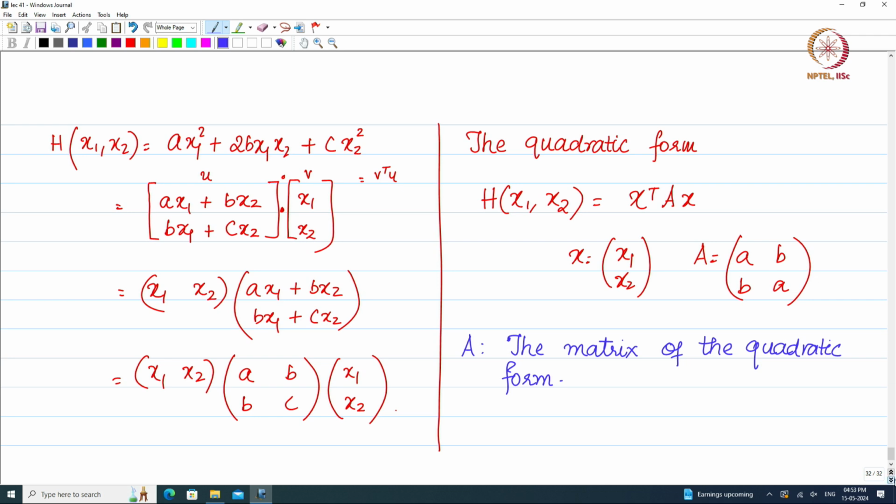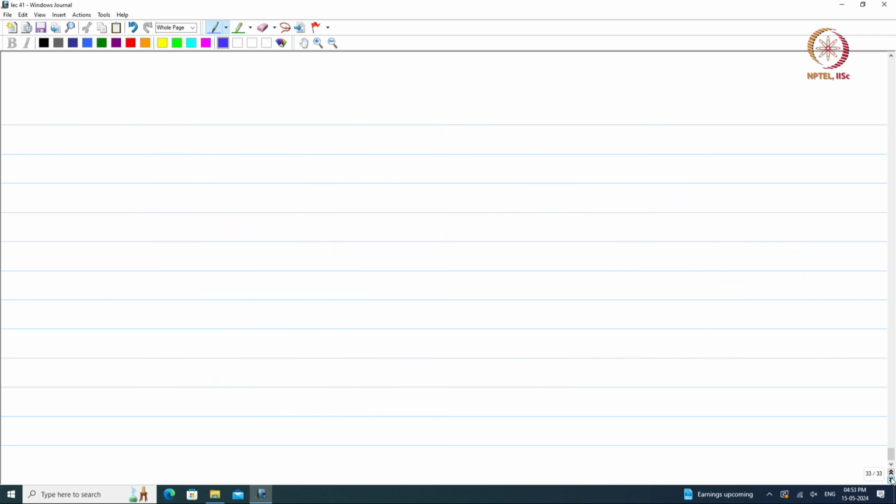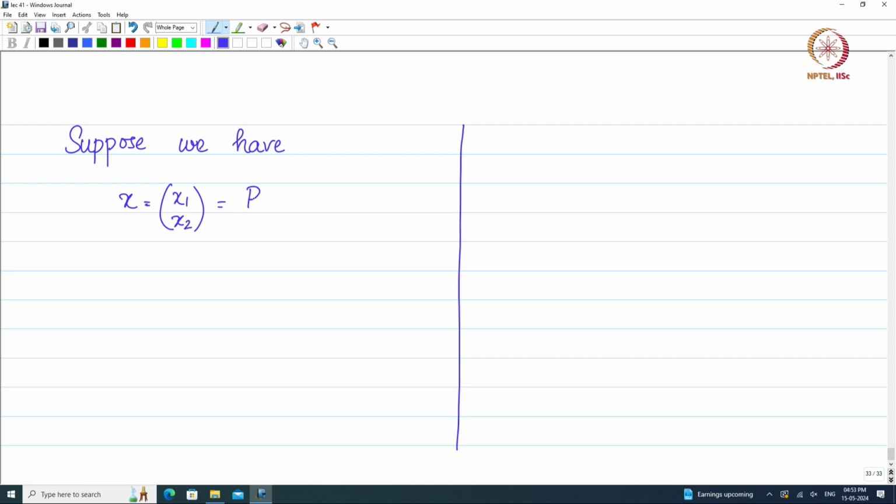Now, let us look at something interesting here. Say suppose we have the vector x equal to x1 x2. This vector x is basically obtained as a transformation of another vector, let us say y, by a matrix P. That is, x equals P times y, where y is y1 y2. Now, what do we have?